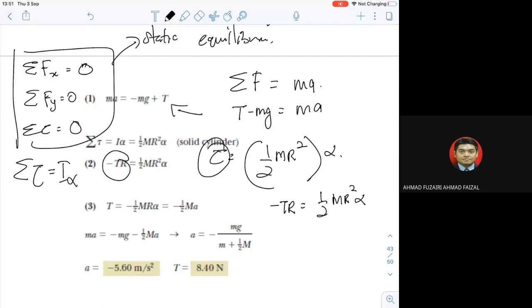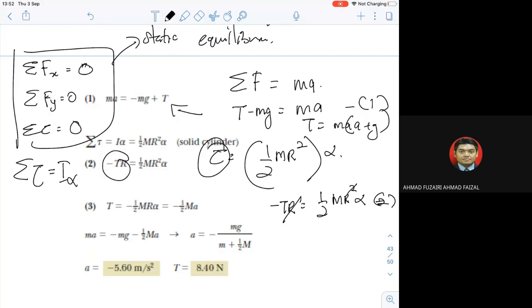Earlier we already had one equation. The first equation is this, the second equation is this. So what happens next? We try to combine them, because T is equivalent to MA plus G. So put the equation back in, and we know that A, R with R we will cancel out, one R remains. Try to remember that A times that, we can simplify it.